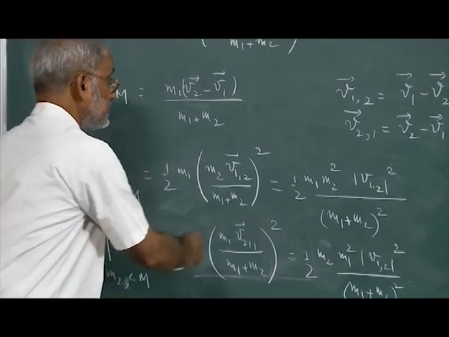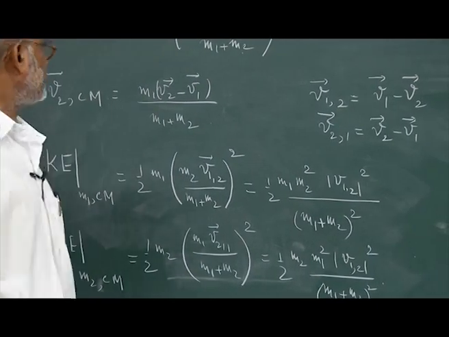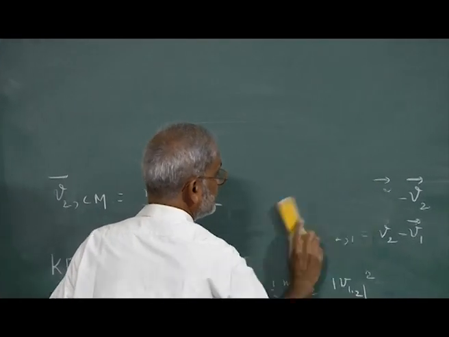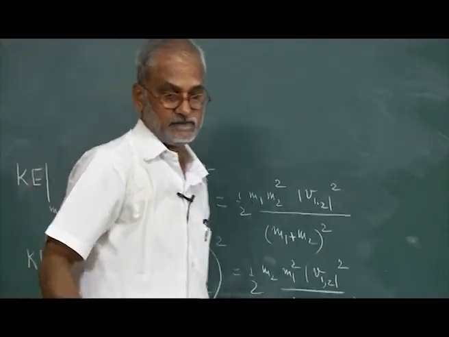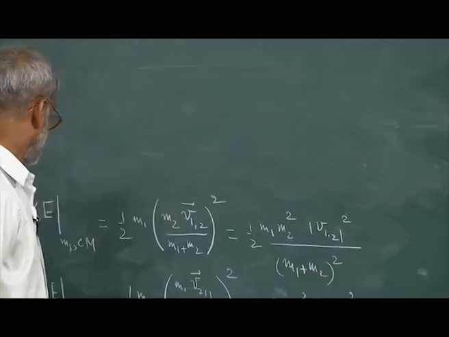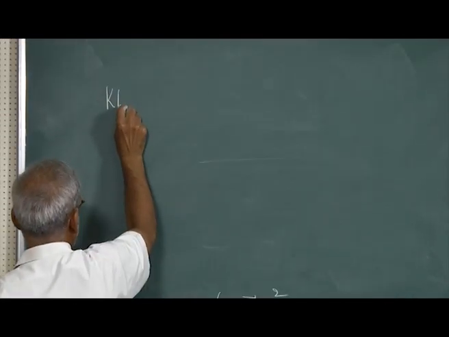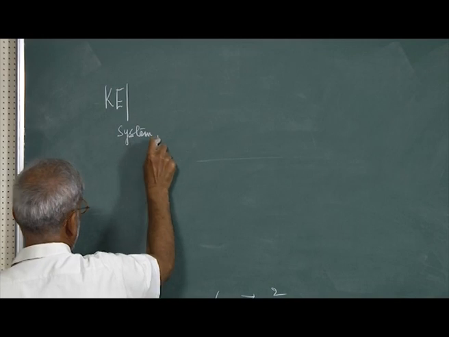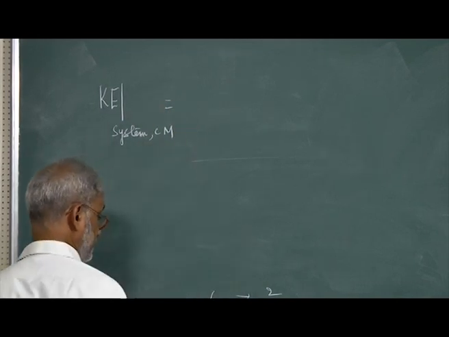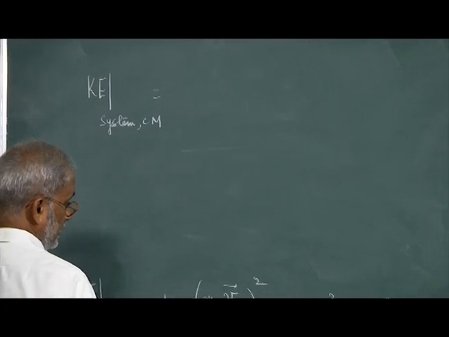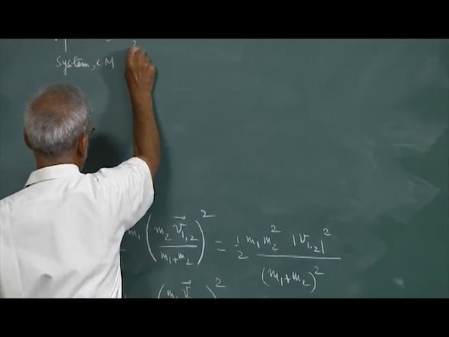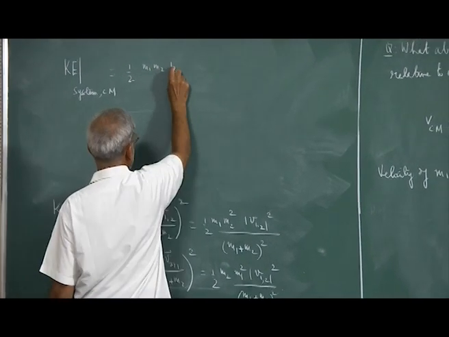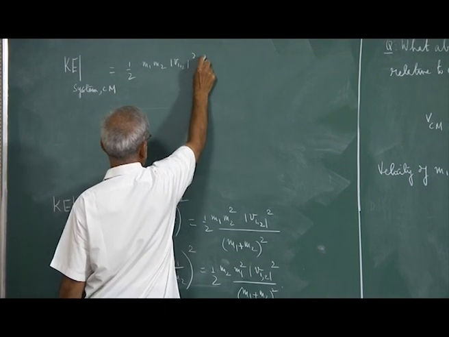Now I want to calculate the total kinetic energy of the system. I need some space, but I can't erase there. So the kinetic energy of the system, that is both the particles, with respect to the center of mass is equal to the sum of these terms. It is very easy here: half, I have m1 and m2, I can take out common, and then mod V1,2 whole squared.